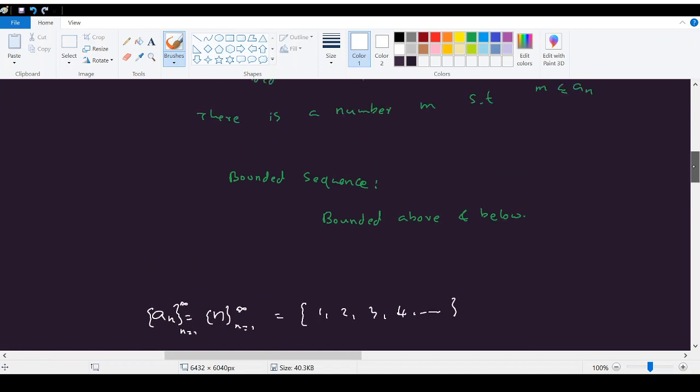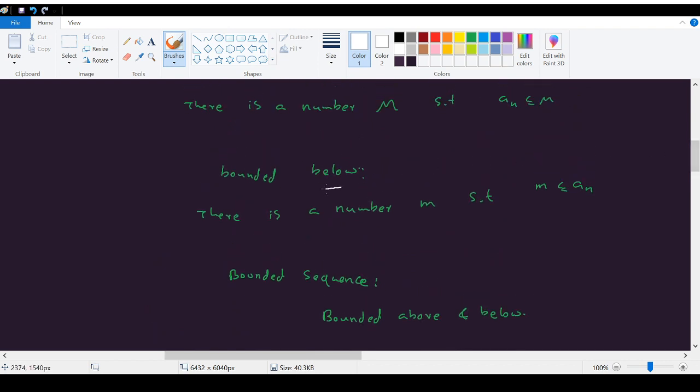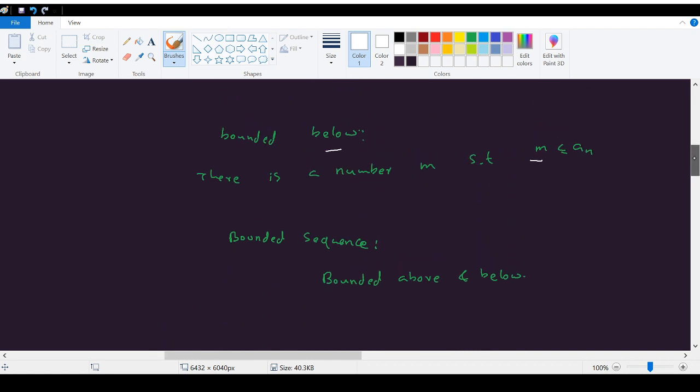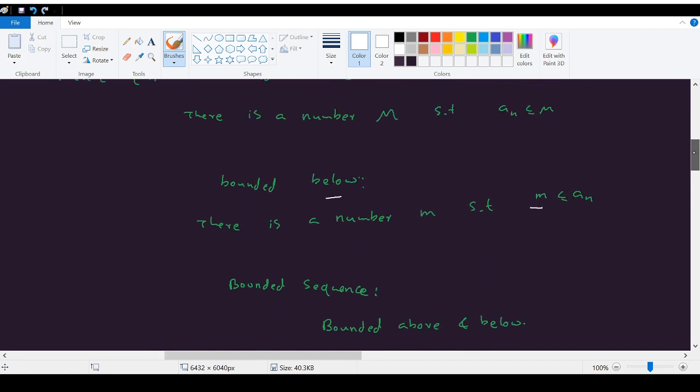In other words, it is bounded below. You have a number which is less than or equal to all the sequence points. In this case, simply m is equal to 0, right? You can even consider any other number as well, like say, for example, let's take negative 10. That will also work, right? We just need at least one number, okay?